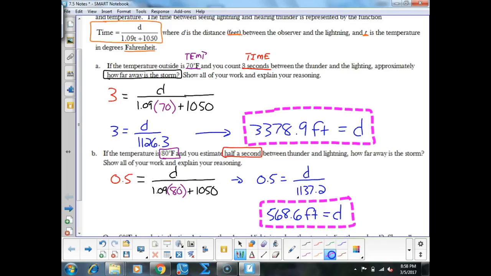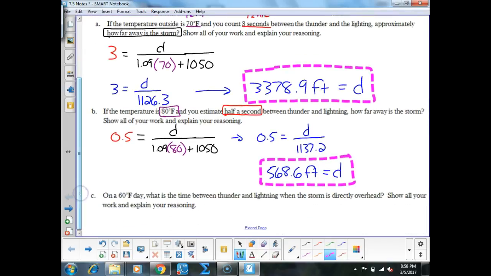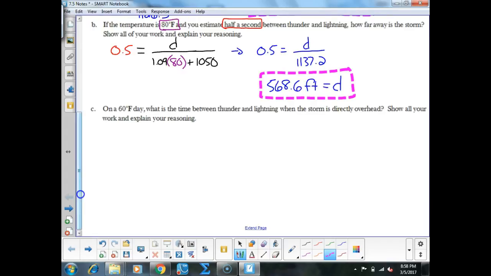That's almost 2 football fields away, which would get your heart going a little bit, for those of you who have had lightning flash right above you, or strike near you.